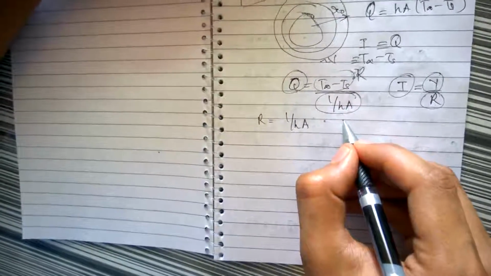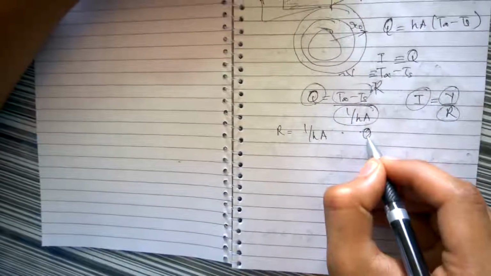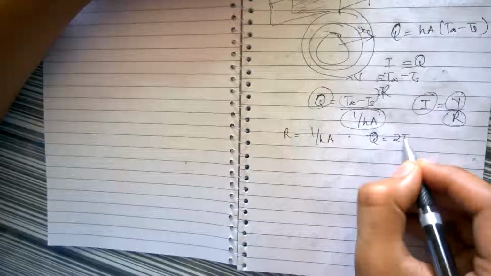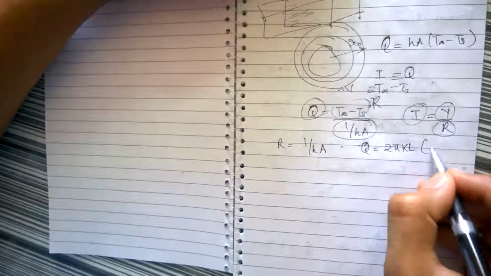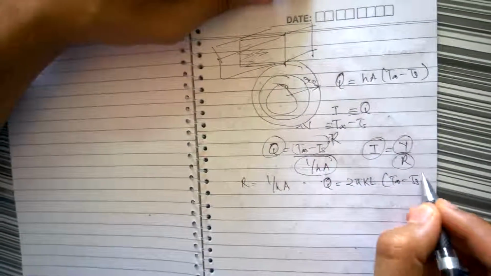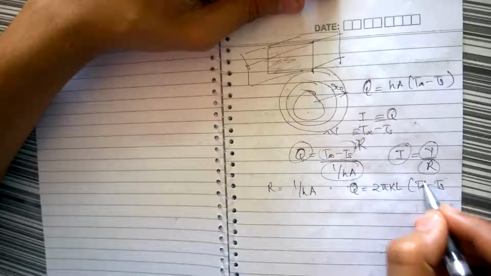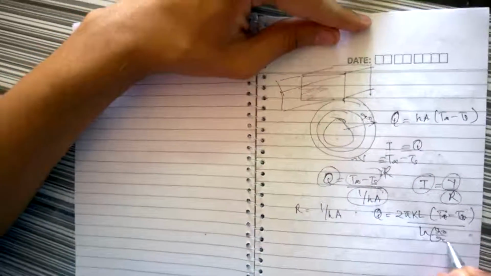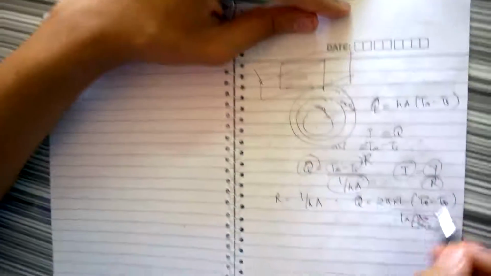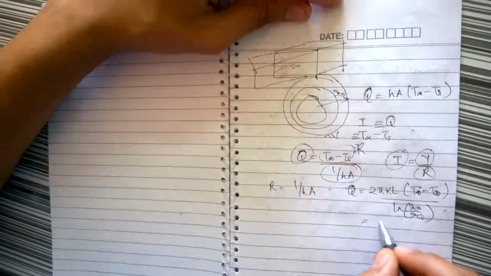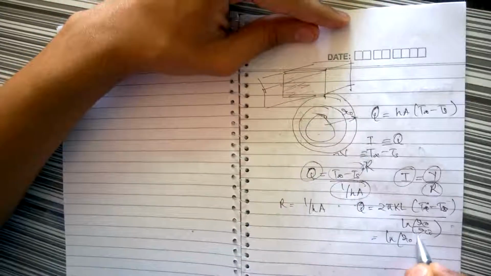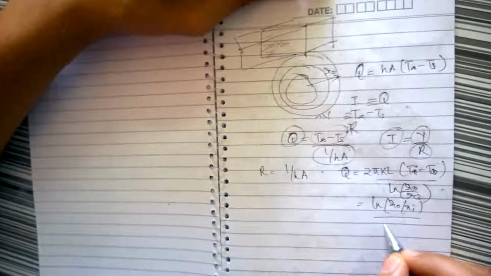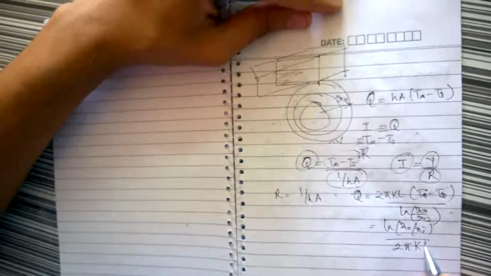For a cylinder, we saw that Q equals 2 pi k L (T inner minus T outer) divided by ln of radius outer by radius inner. So I can get the resistance for this case as ln of Ro by Ri, whole divided by 2 pi k L, right?